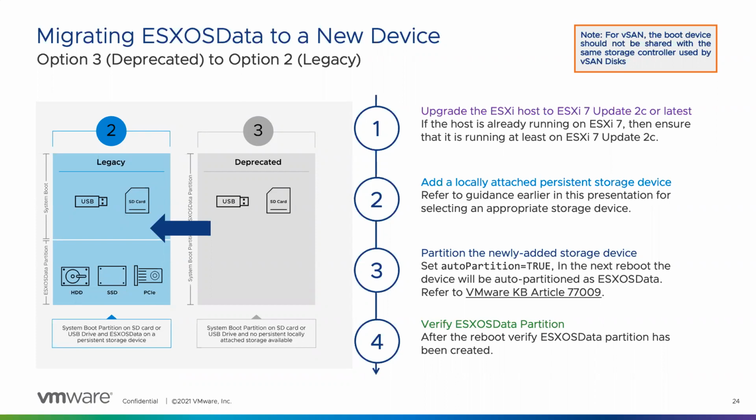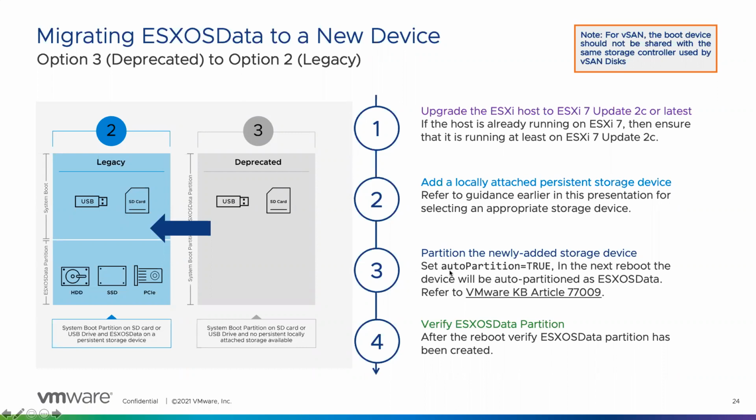Even if you do not consider upgrading, you can simply skip step number 1, add the locally attached persistent storage device, and then reboot the ESXi host, and it will automatically auto partition your locally attached storage device that is available and unused in the ESXi host to be used as the ESXOS data partition.